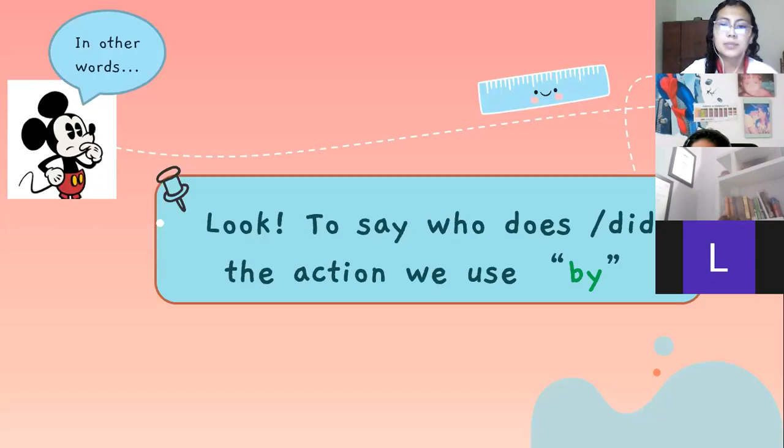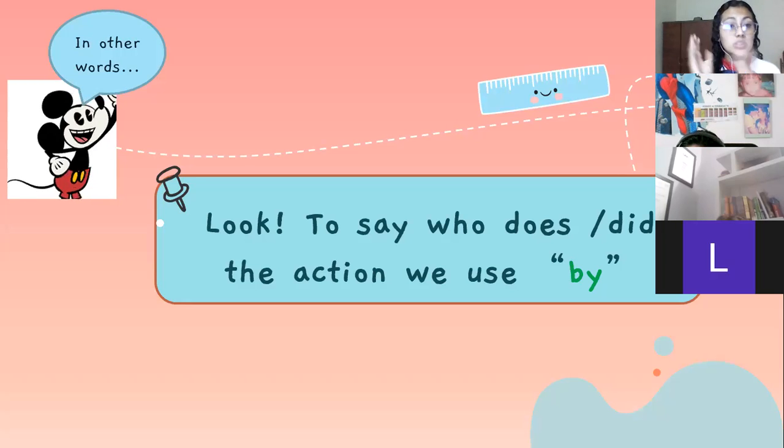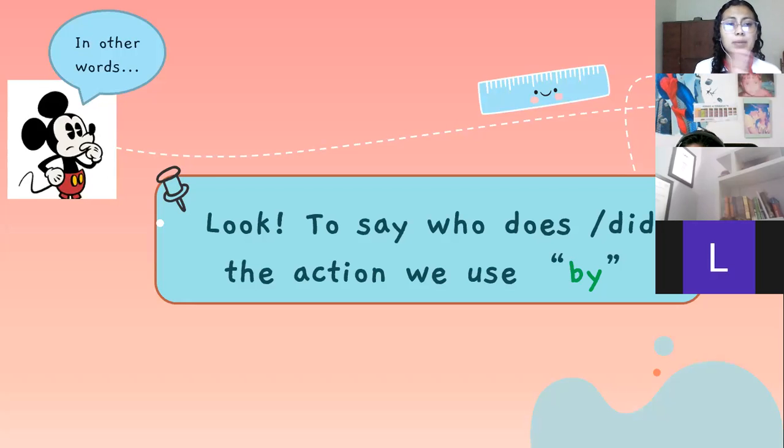What happened here? Remember that to say who does or did the action, we use by, here by, but sometimes we don't know who performs the action. What happens if I don't know who performs the action? Remember that I told you yesterday what happened?